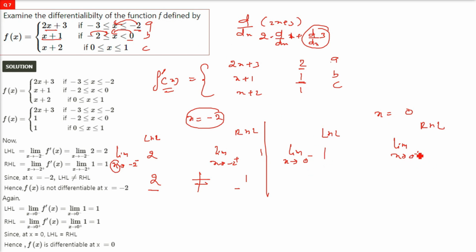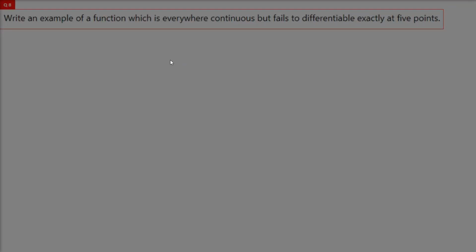And when we go ahead of 0, it's going to be x plus 2, but the derivative of x plus 2 is 1, which I told you just now. There is no x left, so even if you apply the limit, doesn't matter, 1 and 1 will come on LHL and RHL. They are exactly the same. That means that at x equals 0, it will be differentiable.